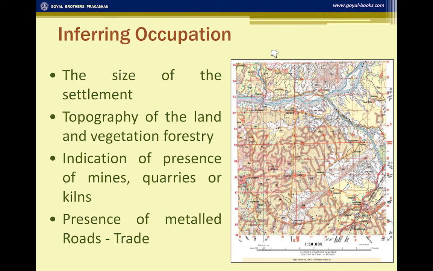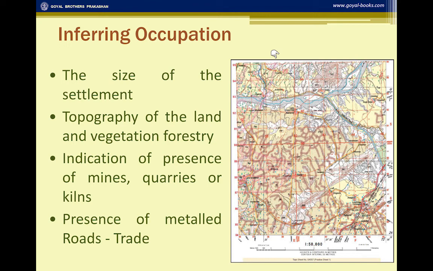In this case people would be engaged in trade. In the case of a quarry, they will be working in the stone quarry. Suppose there is a post office and a telegraph office, people are working in the post office or telegraph office.